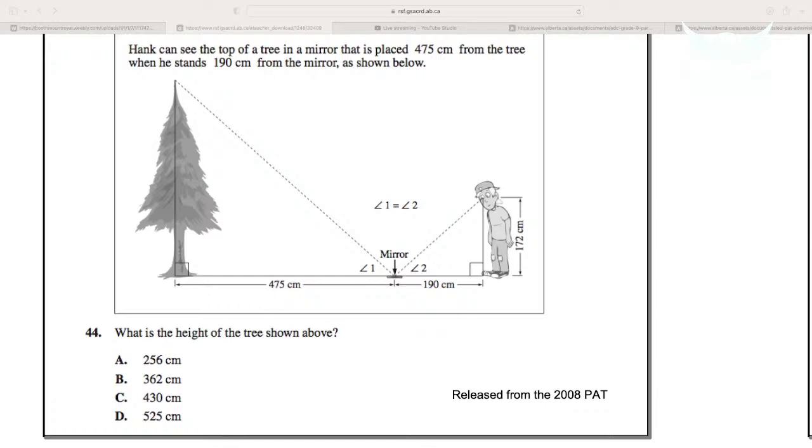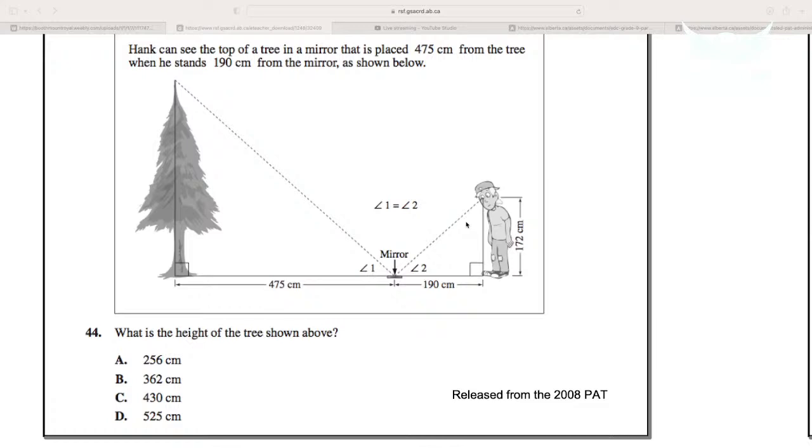Two angles are equal. It means that the third angle, this angle here from the top of the tree, and this angle from his eyes, are equal as well, right? 180 minus 90 and minus those equal angles. So the third angle will be the same, right?